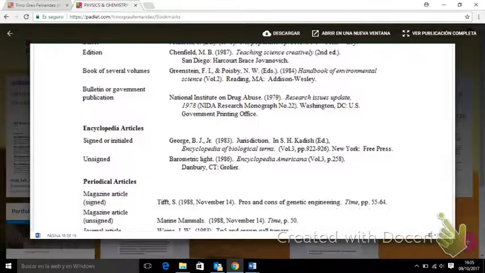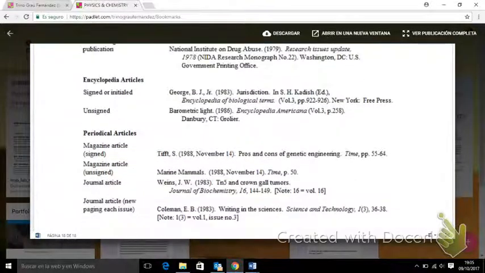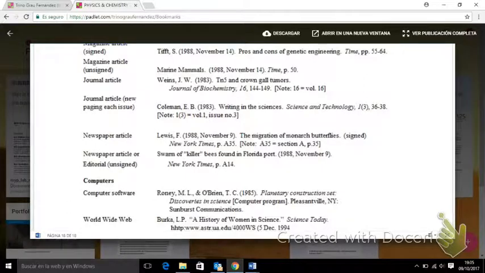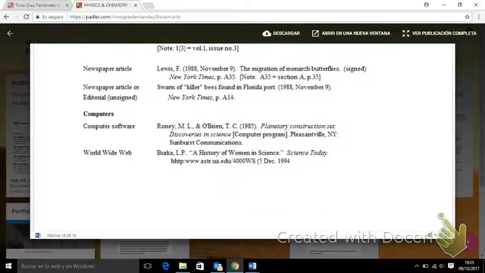And also magazines, the same pattern. And for internet links, you put the name of the author of the article, the title of the article, and then the link where you can find the article.